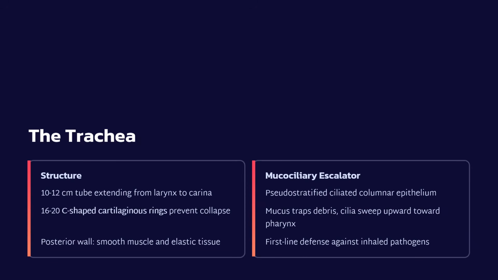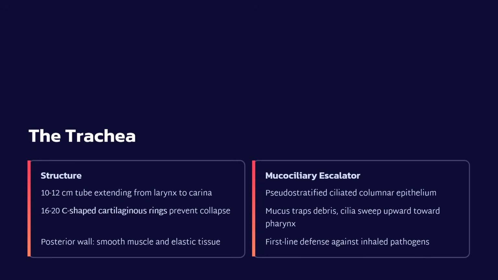Next would be your trachea. So your trachea, also known as the windpipe, is a rigid but flexible air tube that conducts air between the larynx and bronchi. So it is kept open by your C-shaped rings of cartilage. It is usually a 10 to 12 cm tube extending from your larynx to your carina.